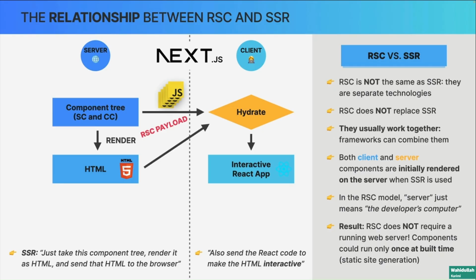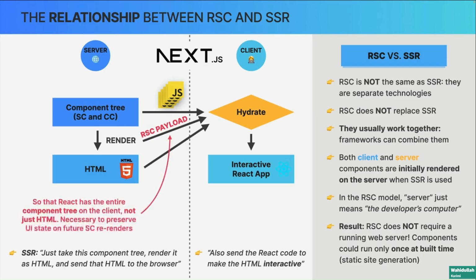And of course, that entire payload is also sent to the client, so that React has access to the entire component tree, including server components and not just the HTML. And this is once again exactly what we discussed in the previous video, where you also learned that this is important in order to preserve state in the browser as server components get re-rendered later.